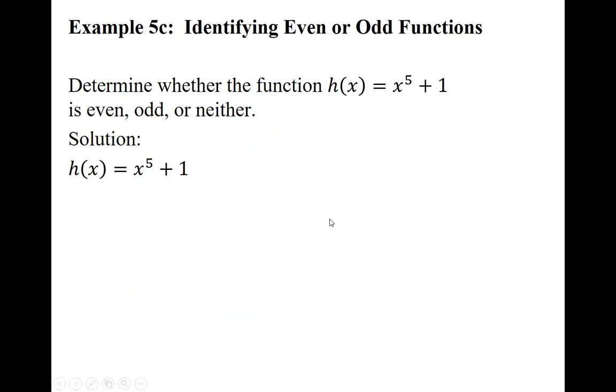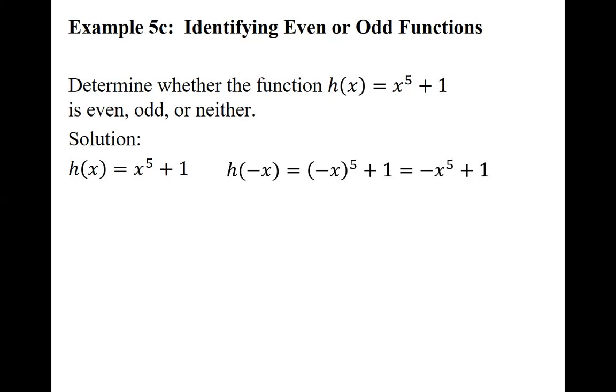So let's determine whether h of x equals x to the 5th plus 1 is even, odd, or neither. Well, h of x is x to the 5th plus 1. Let's see what happens if we do h of negative x. H of negative x is (negative x) to the 5th plus 1.